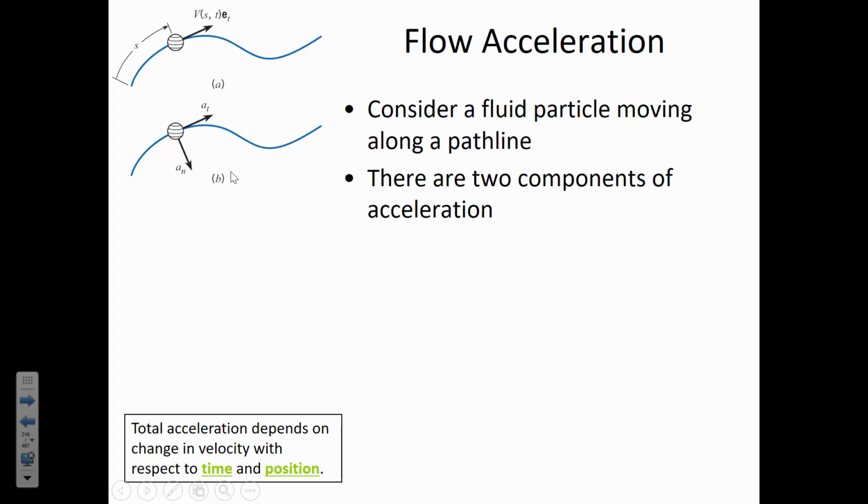And the total acceleration is going to be the change in velocity with respect to time, and the change in velocity with respect to position. The change in velocity over time we call local acceleration, and the change in velocity with respect to position we call convective acceleration. Let's look at an illustration of both.